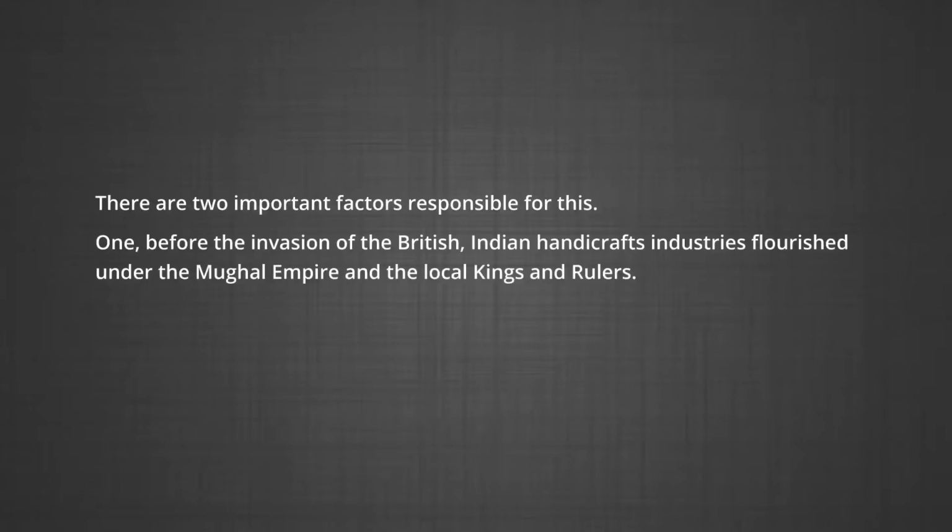One, before the invasion of British, Indian handicraft industries flourished under the Mughal Empire and the local kings and rulers. When the British invaded the country, they overpowered the Mughal Empire and defeated the local kings or rulers, thus destroying the handicraft industries.